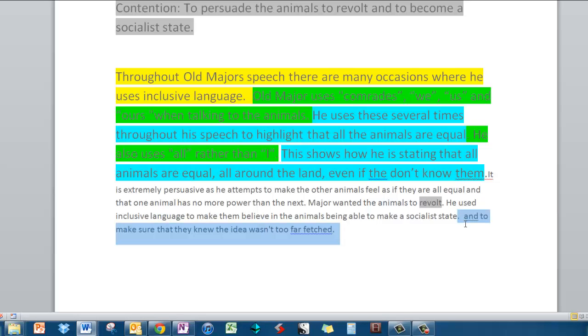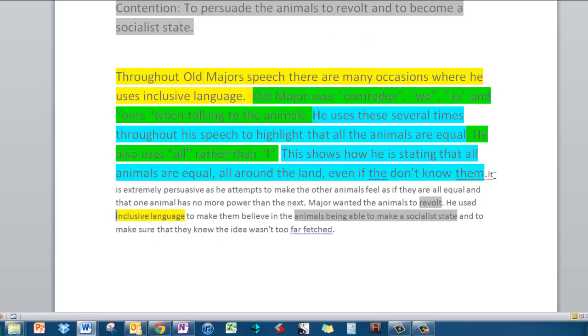I don't think we need this bit, but you could have it in, wouldn't make any difference. But what we've done now is we've made that so that it relates and links back to the contention, and you'll notice the inclusive language here links the paragraph back to the contention.